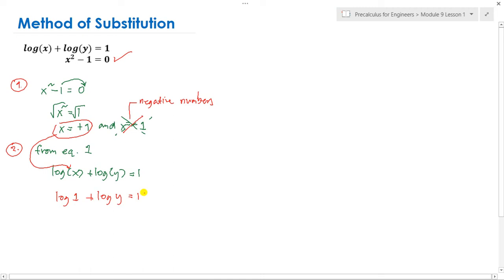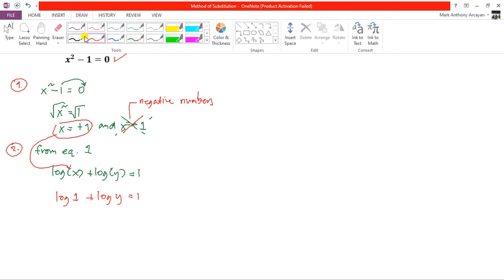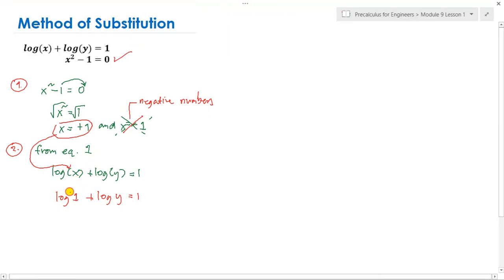Since log of 1 is a constant, you can transpose it to the right side, so that we now have log of y is equals to 1 minus log of 1.